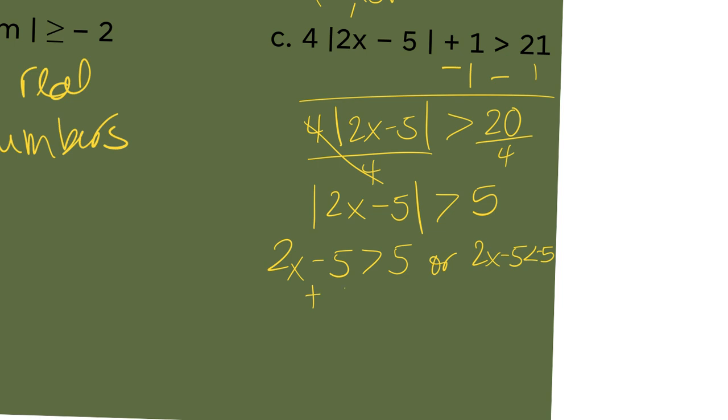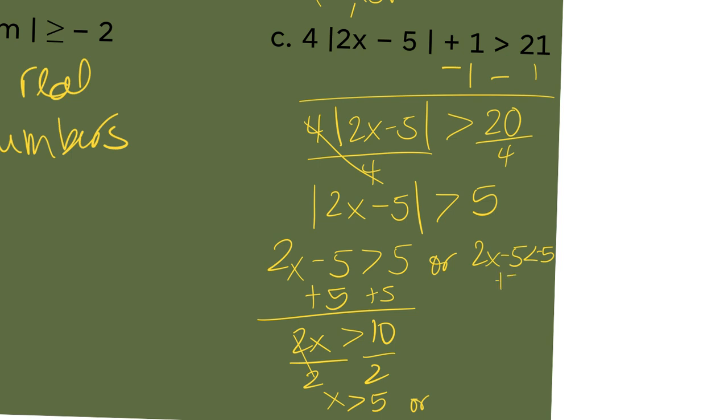Am I able to work it out now? I'm going to add 5 to both sides. 2x is greater than 5 plus 5, which is 10. Now I'm going to divide by 2, which gives me x is greater than 5, or, I'm going to add 5 again to both sides. 2x is less than negative 5 plus 5, which is 0.